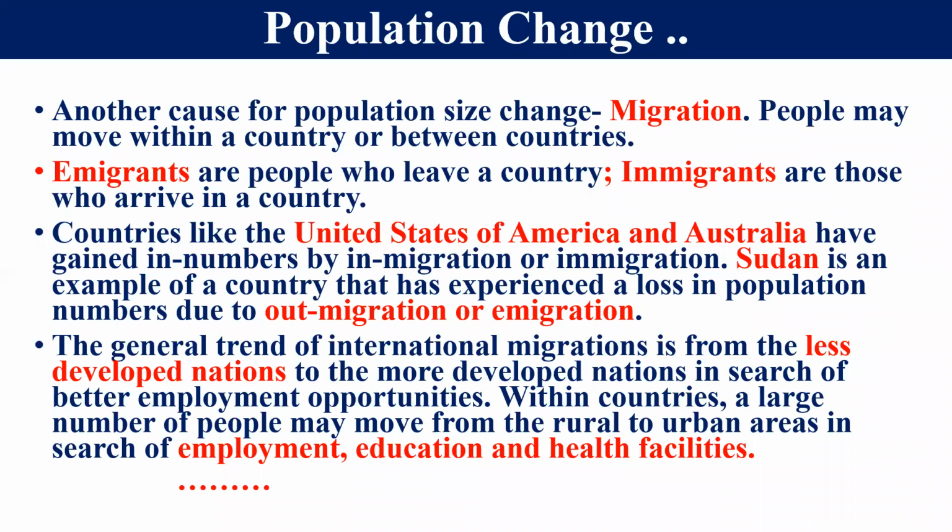Within the country, a large number of people move from rural to urban areas. Remember, the basic reasons are employment, education, and health facilities. That's why people move from one place to another, and this is the basic reason for migration. Right, students?